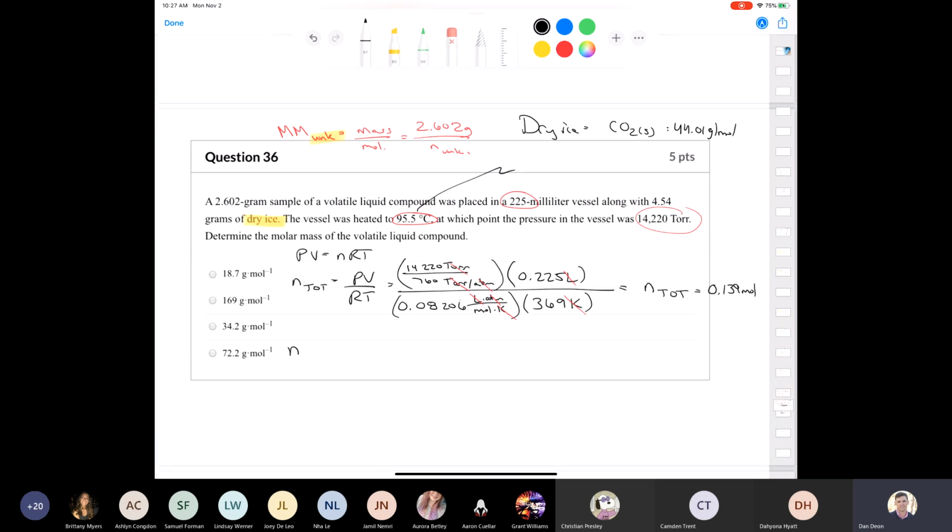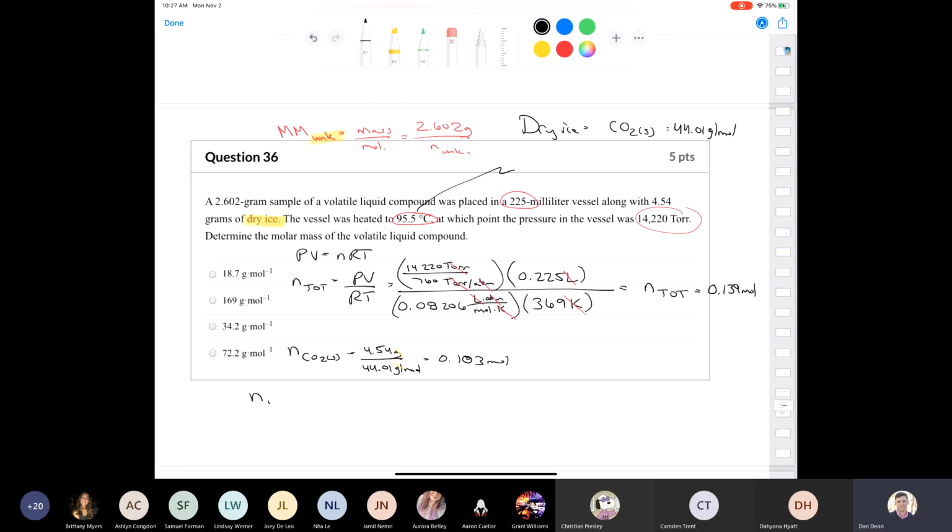Okay, and we know the molar mass of dry ice, which is 44.01 grams per mole. So the number of moles of CO2 solid is going to be equal to 4.54 grams divided by 44.01 grams per mole. So that gives me the number of moles of CO2, and I've worked this out, which is 0.103 moles.